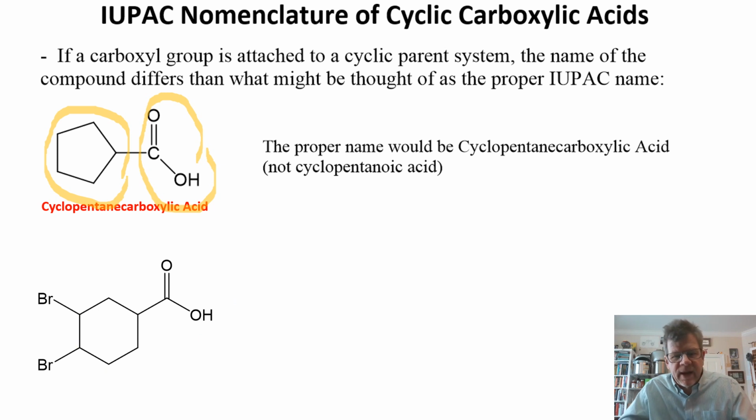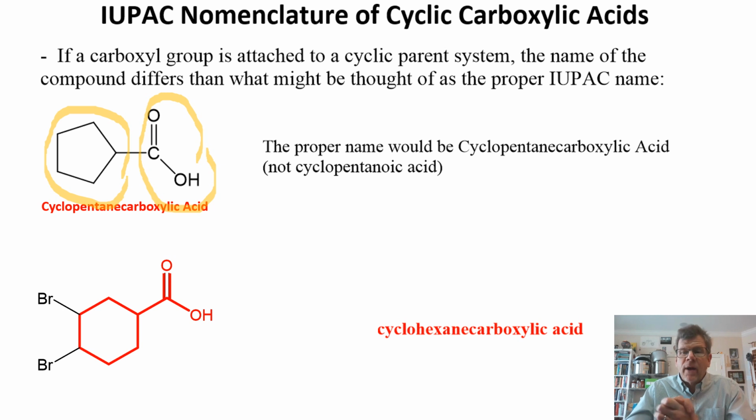So this would be, over towards the end, cyclohexane carboxylic acid. But we have a couple of bromo groups on there. So now, on cyclic structures, in this case, we have to number the ring. But in this case, that parent structure, having that carboxyl group there, that's always the 1 carbon on that ring. So we put the 1 there.